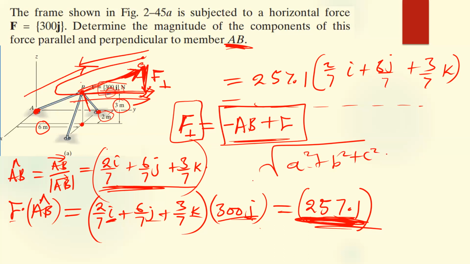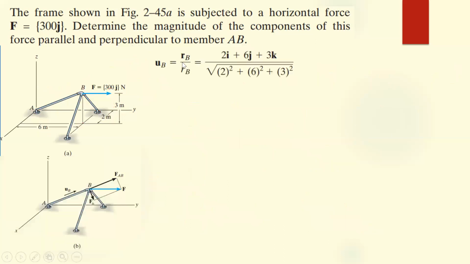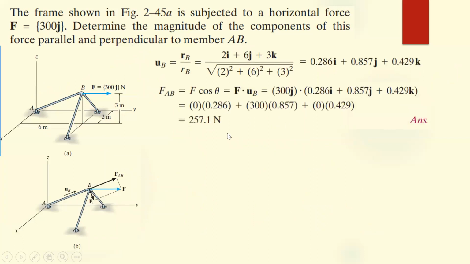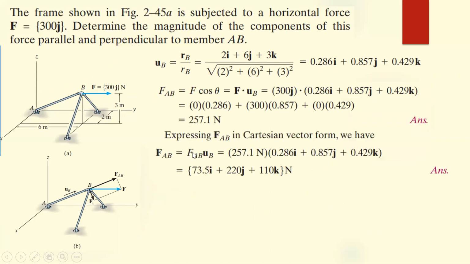Okay, I'm sure maybe you've gotten the concept. Let me just display the solution. So this is what we found. And then to find the expression of this in Cartesian form, remember what I told you, you simply multiply the same 257, which we found, which was the force, again with the same unit vector there.